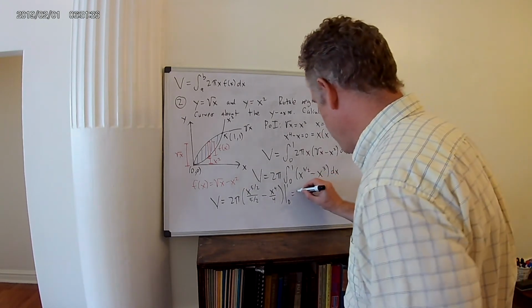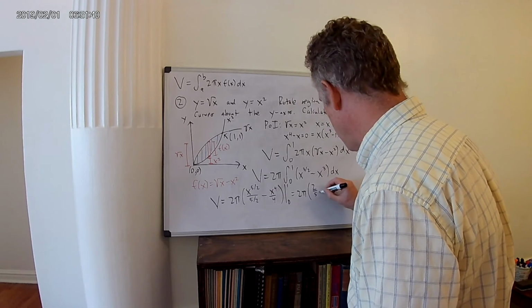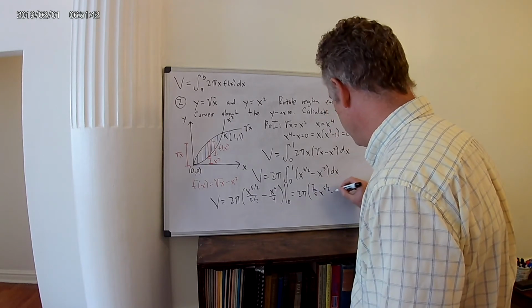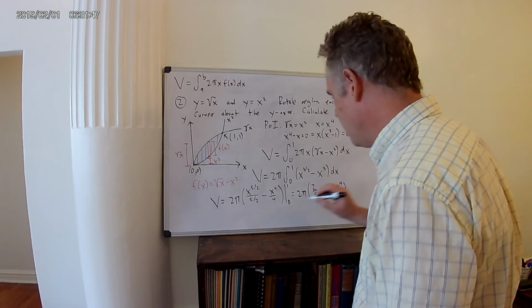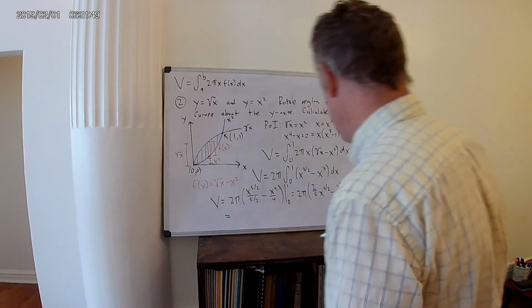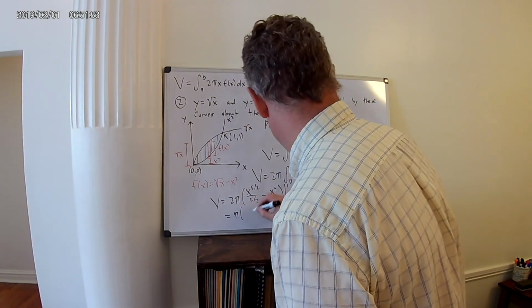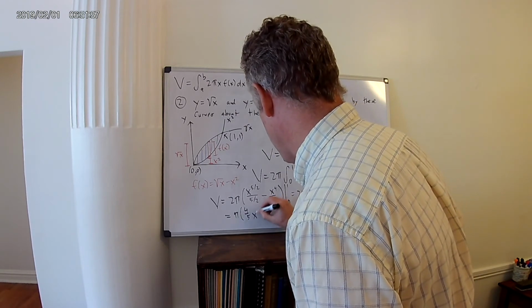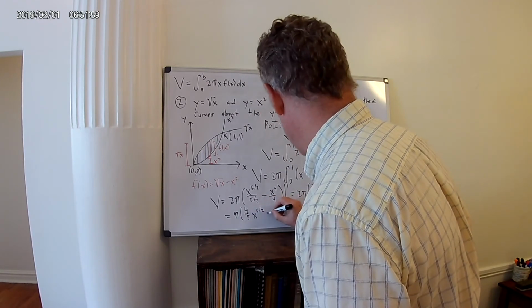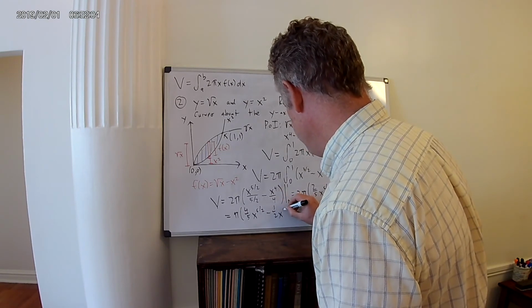This is going to be 2 pi times 2/5 x to the 5/2 minus x to the fourth over 4. Let's distribute that 2 pi. So this comes out to pi times 4/5 x to the 5/2, minus, one of these 2's cancels, minus 1/2 x to the 4th.